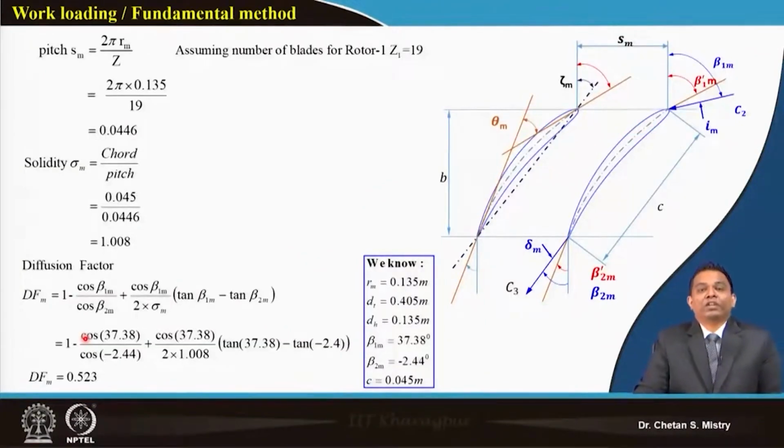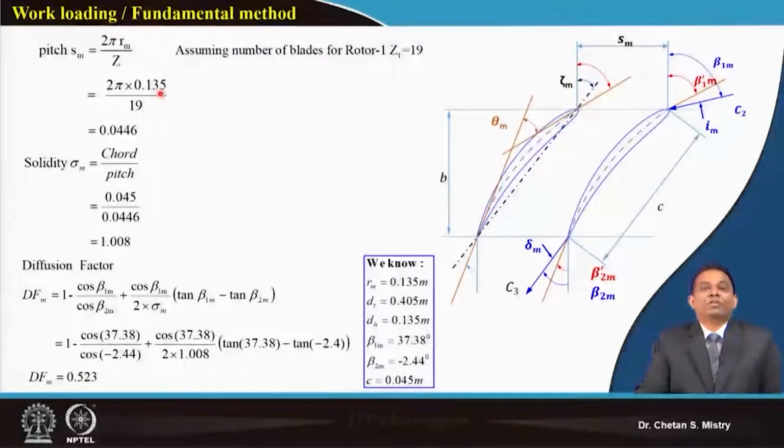Now pitch, that we are writing as 2 pi r by z. Now the question here is the selection of number of blades. Since we are planning to compare our design with the earlier design for different pressure rise, that's the reason why we are assuming the same number of blades.